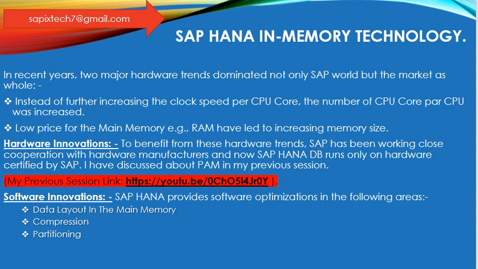We have seen that hardware is changing, and it is impacting the whole world, not only the SAP world, because initially the hardware manufacturers' thinking was that if they wanted to increase the retrieval or processing speed, they would increase the clock speed of the CPU.